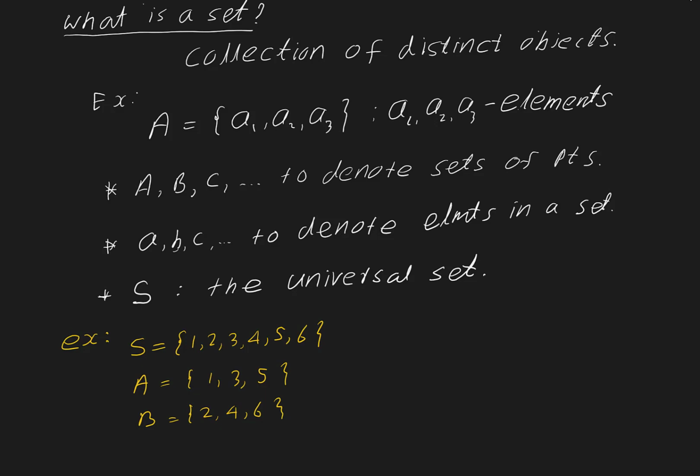A has 3 elements and B also has 3 elements. So 3 is an element in A. We can write using notation that 3 is in A, or 3 is an element of A. And we can say 6 is not an element of A. So these are the notations for elements.